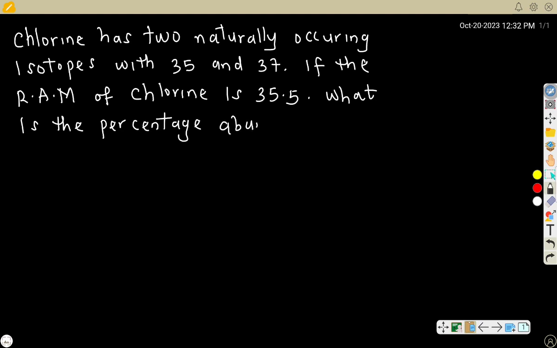That is, what is the availability, so the one that has the most abundance. What is the percentage abundance of the two isotopes? So we want to have the percentage of the two isotopes. So first, let's use the formula.